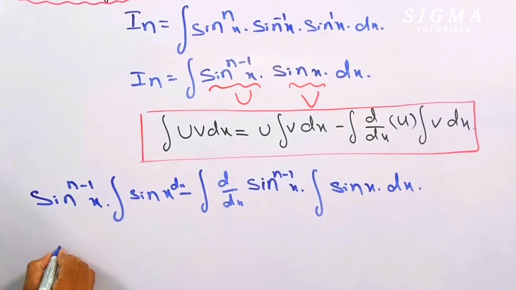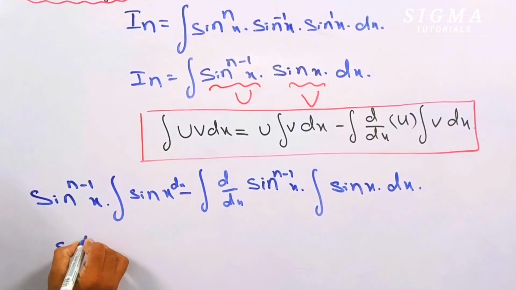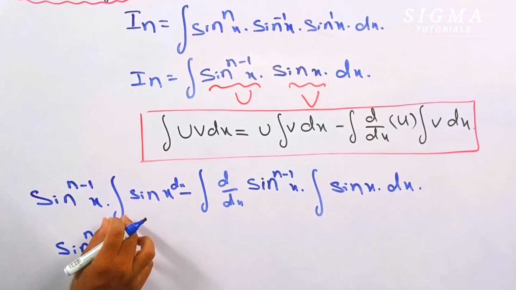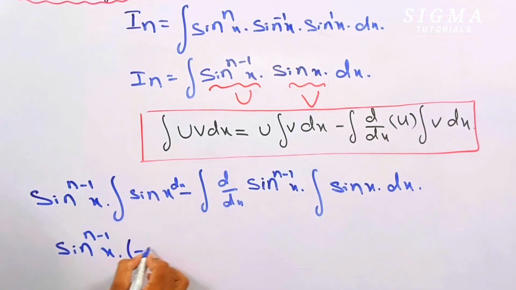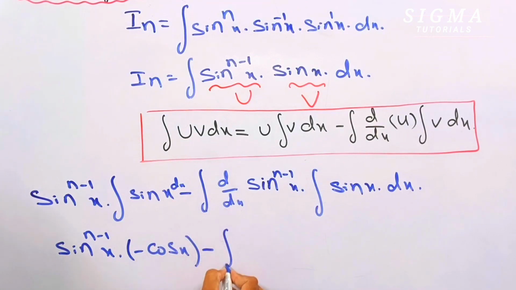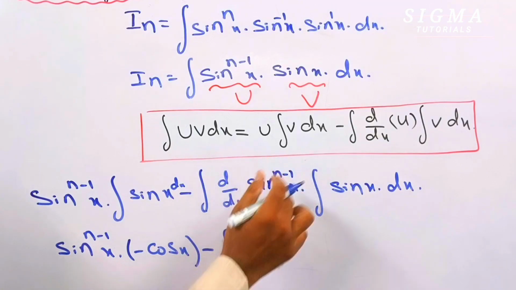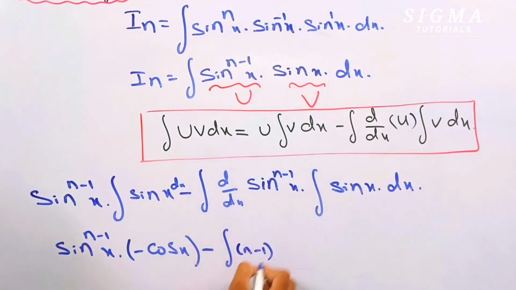Now we will simplify. I will write sine power n minus 1 x, then the integration of sine x will be minus cos x, then minus. Now we write the integration as per the previous step, then the differentiation of x power n will be n into x power n minus 1. n minus 1 minus 1 means n minus 2.